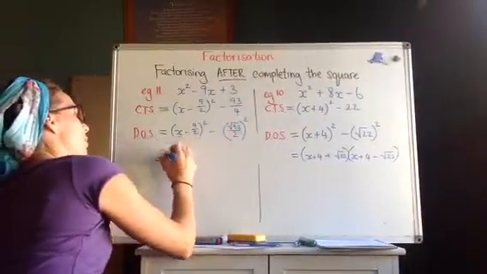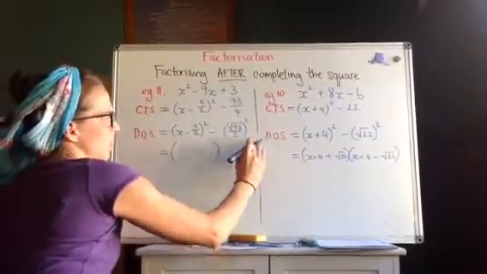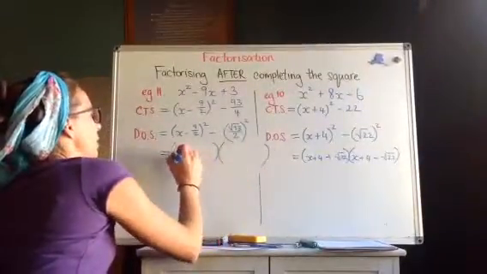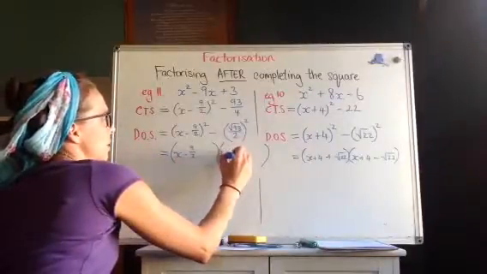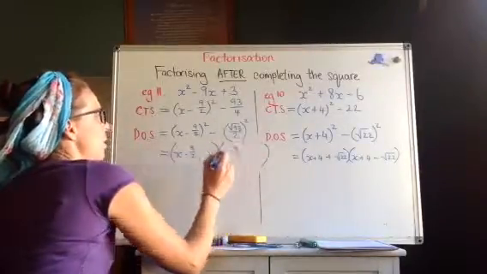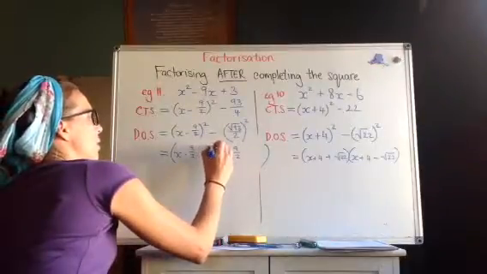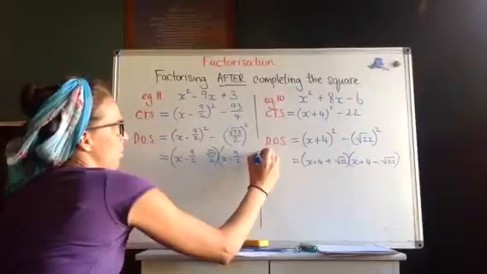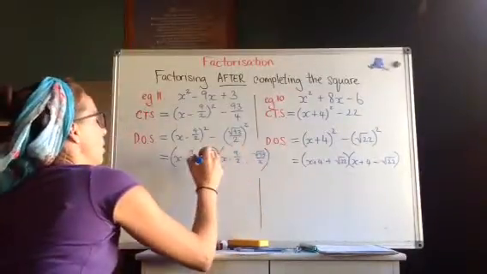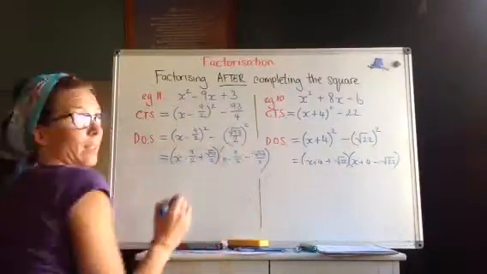Okay, so now I can have 2 brackets. Probably need a little bit more room because these are bigger numbers. X take 9 on 2, x take 9 on 2. Then we've got root 93 on 2, root 93 on 2, plus, minus.